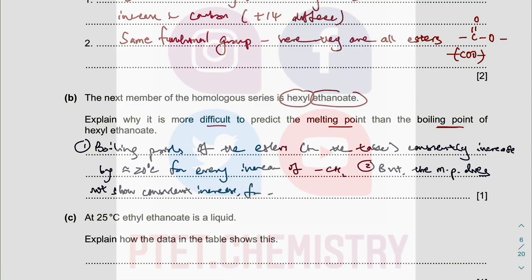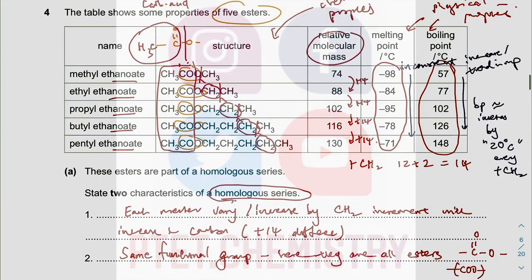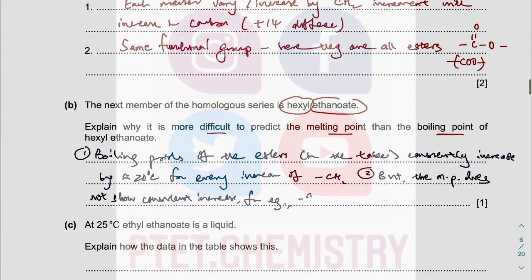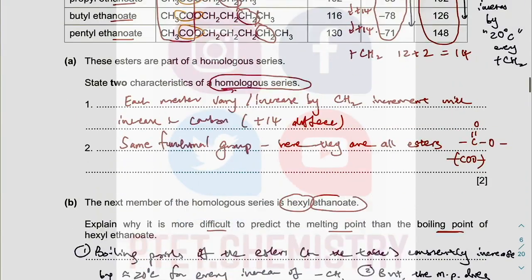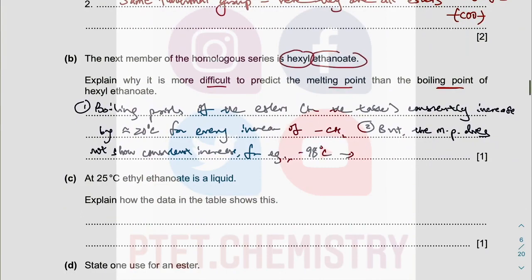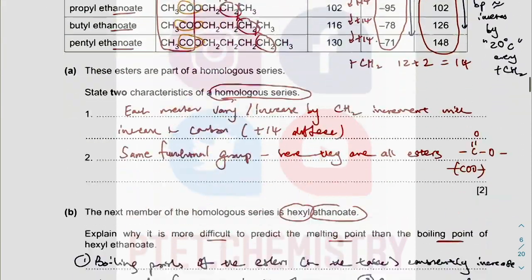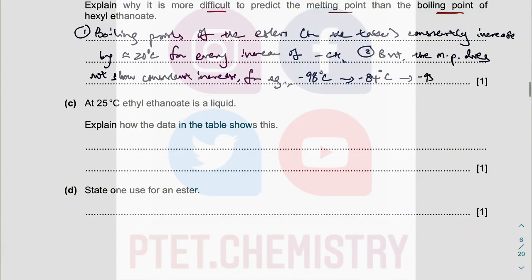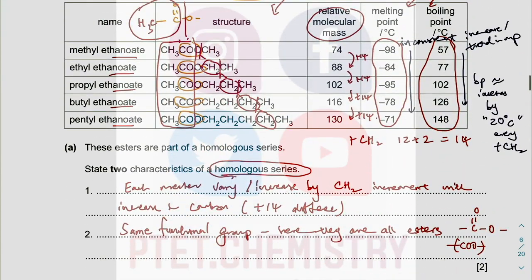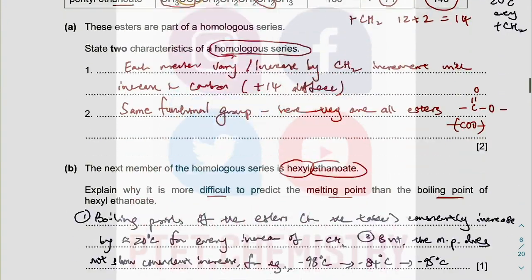For example, from minus 98 degrees Celsius to minus 84 to minus 95. So this is for methyl ethanoate.